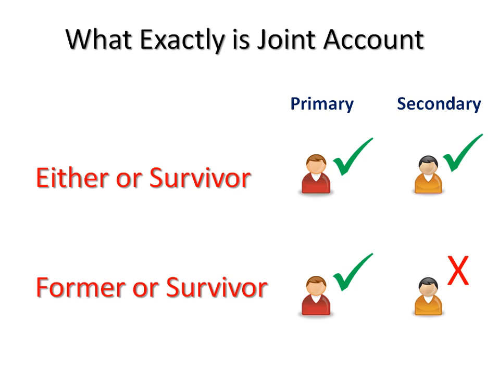Now if you have a saving bank account or a fixed deposit and you wanted that either you should be able to control it, or if you are not there then some other party should be able to control it, then what you should do is make it a joint account and you should be the primary person and the other person should be secondary, and the mode of operation should be former or survivor. In that case, in your lifetime only you will be able to do everything, but if you're not there then the other person gets the control of it.